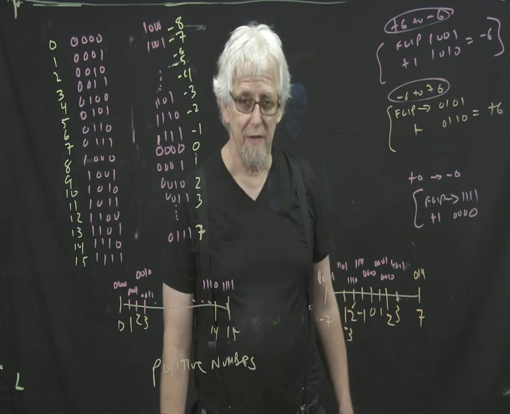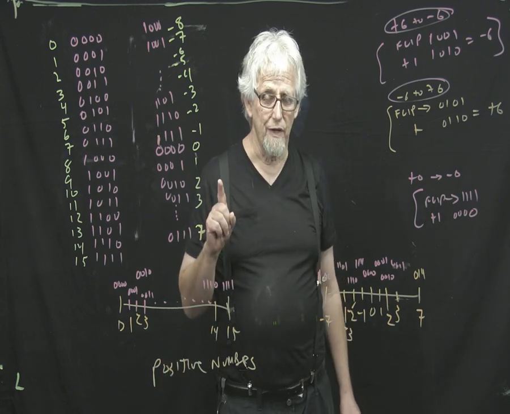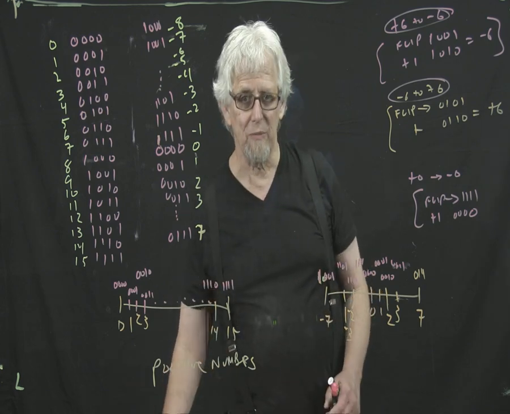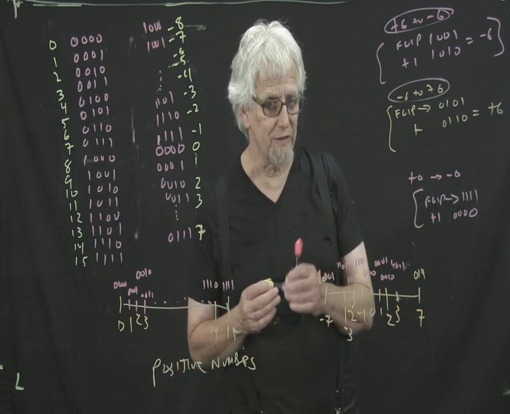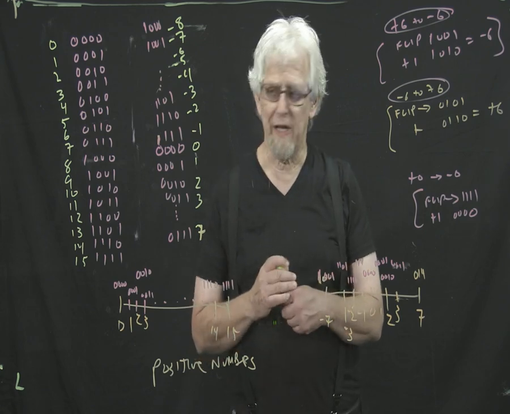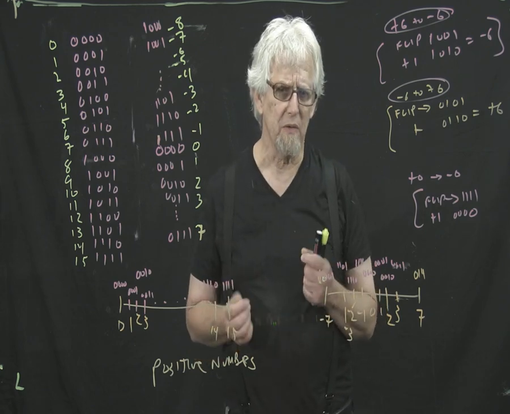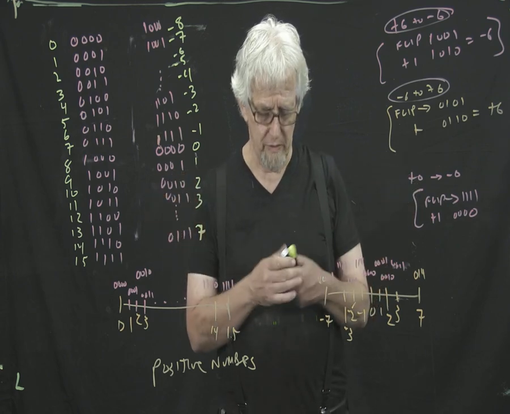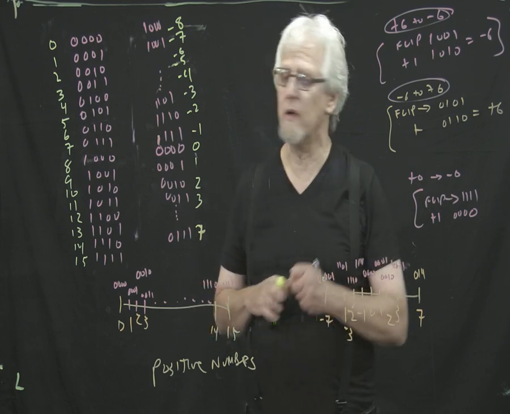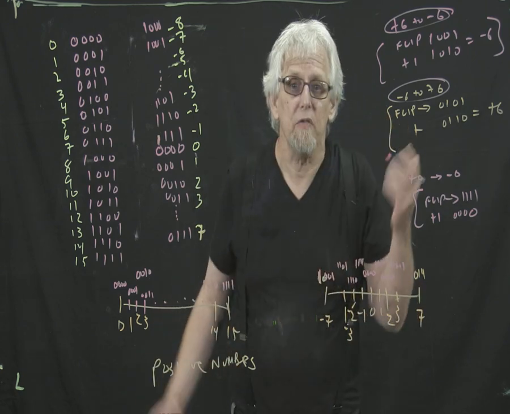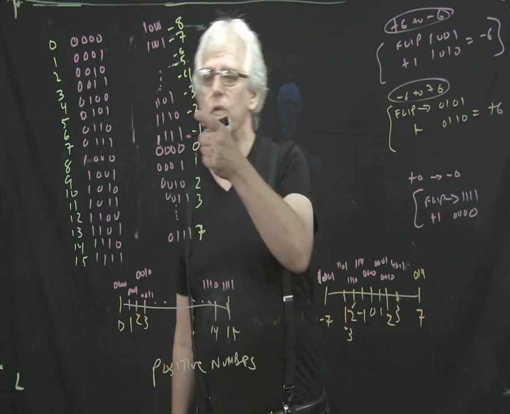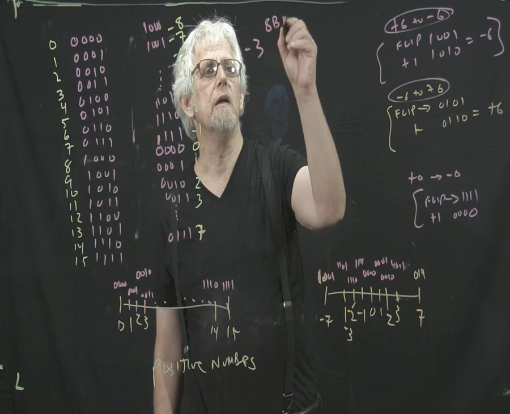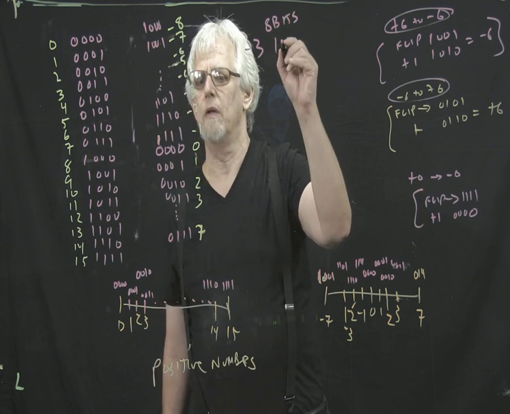Okay. Now the next thing to understand is that when you take a number and move it around, and you'll remember that move instructions are a big thing in assembler, what happens if I have an 8-bit number and I want to move it into a 16-bit register? So I have an 8-bit number that's negative, let's say it's a -3.